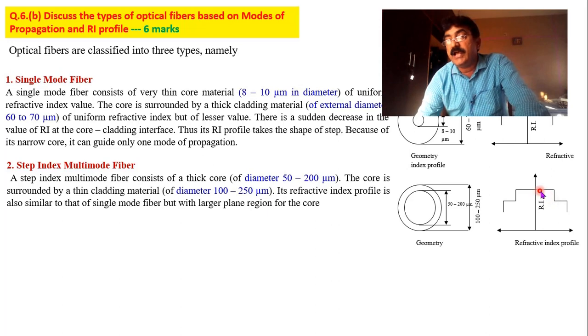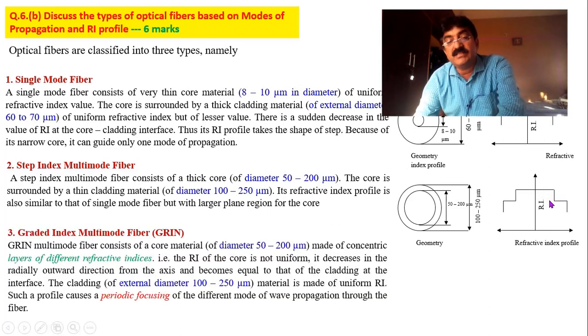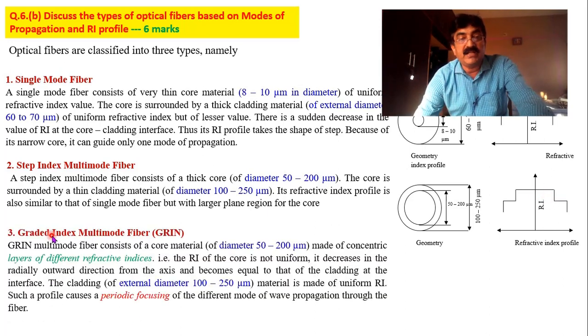So if you gradually decrease, then it is called graded refractive index or graded index multimode fiber, short form GRIN. Look at the dimension, still it is 50 to 200. External diameter, still it is 100 to 250.